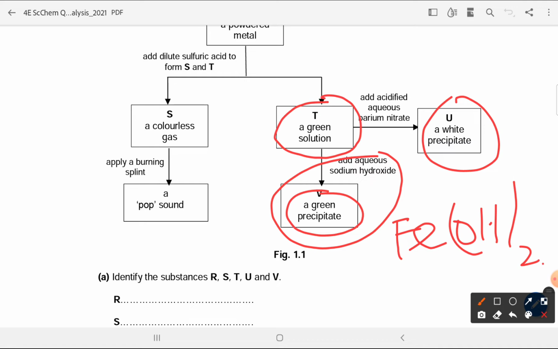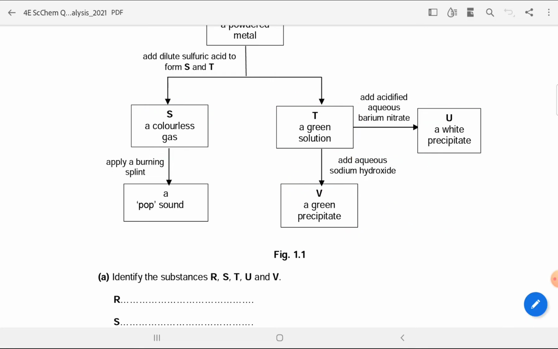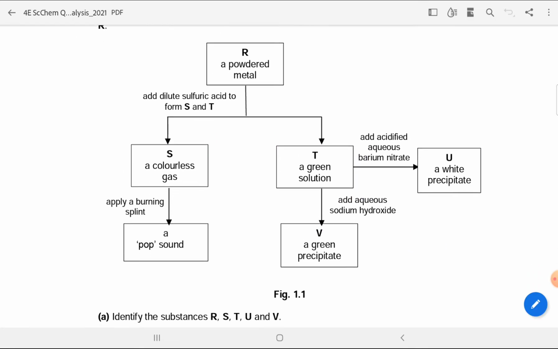So basically, all the unknowns have been made known already. Your green precipitate is iron(II) hydroxide. Your white precipitate here would be barium sulfate. Your T must be iron(II) sulfate, and of course your S must be hydrogen gas. And how about the metal R?